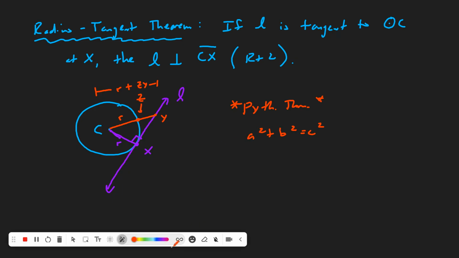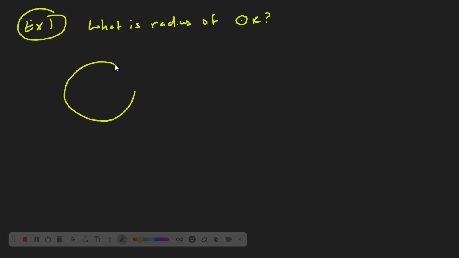Okay, so let's do an example problem of this idea. This is example 1. It says, what is the radius of circle R? In this picture here, we have a circle.